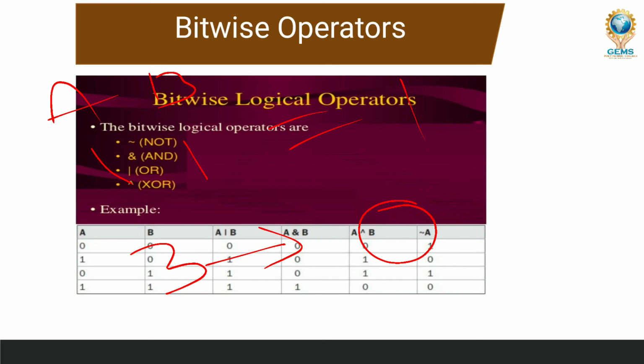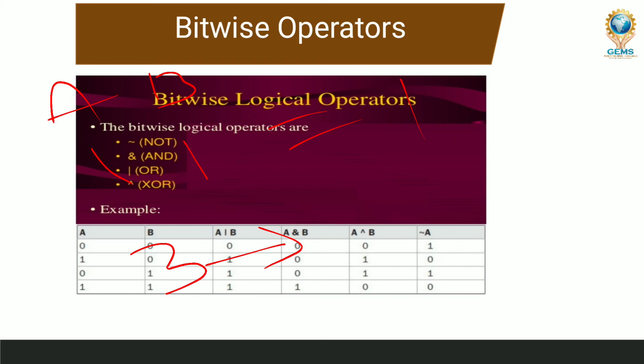Now, according to this truth table, we have to apply the same thing to this addition. What we have to add here is 2 plus 3.